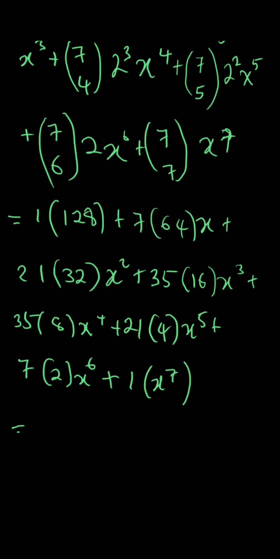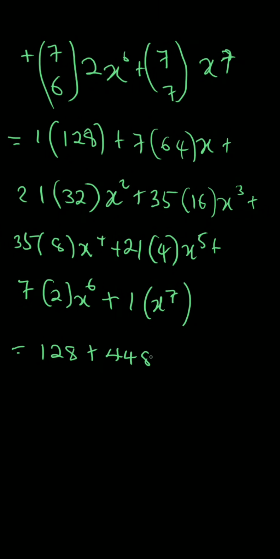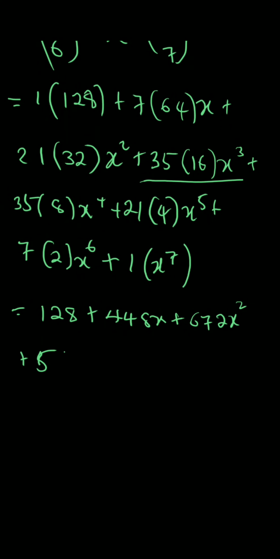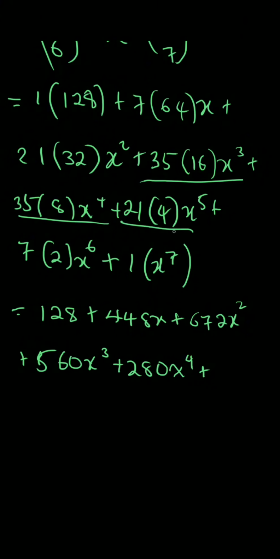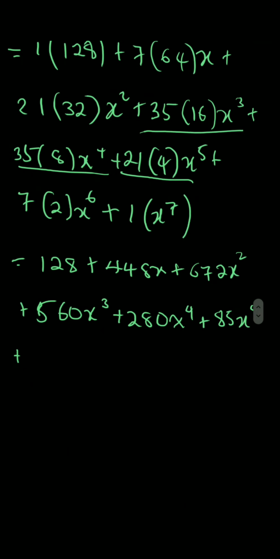So upon simplifying this, we're going to get 128, then plus the next term will be 448x, plus 672x squared, plus 560x to the power of 3, plus 280x to the power of 4, plus 84x to the power of 5, plus 14x to the power of 6, plus x to the power of 7.